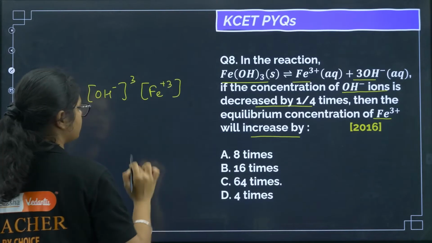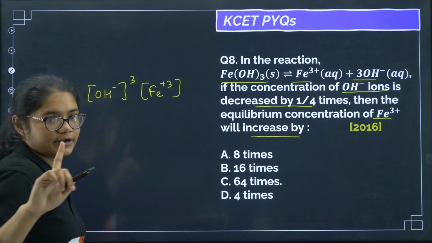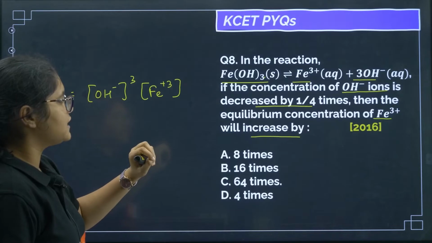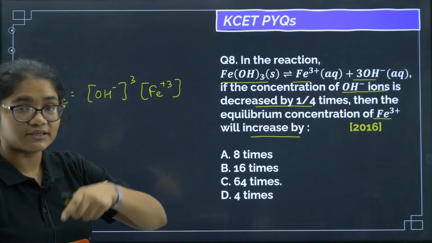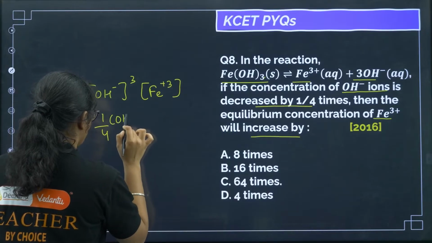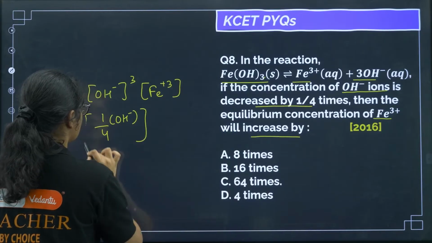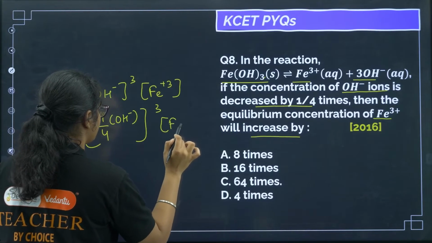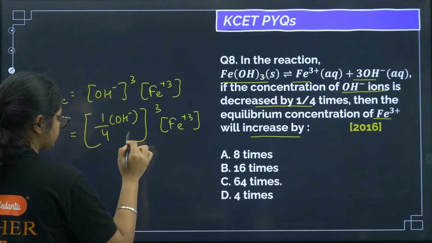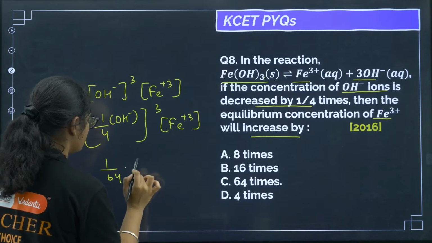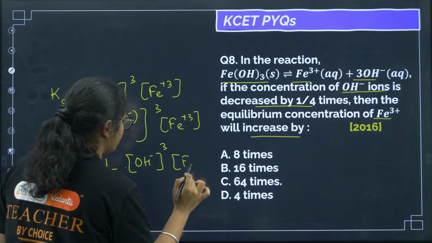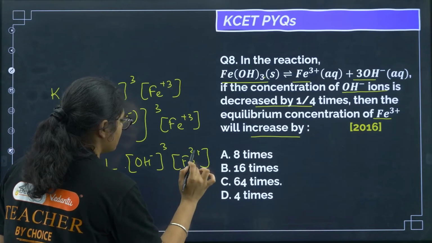Pure solid concentration is taken as 1, so this is the value. Now the question is asking, OH minus concentration is decreased by 1 by 4 times. So I'll write 1 by 4 of OH minus cube, and then we have Fe3+. So that is equal to 1 by 64 into OH minus cube, and we have Fe3+.